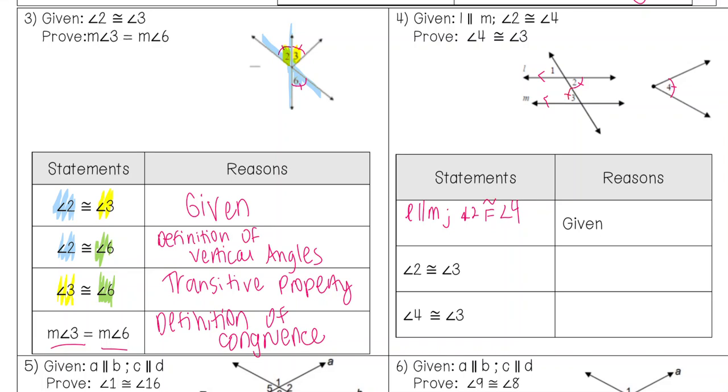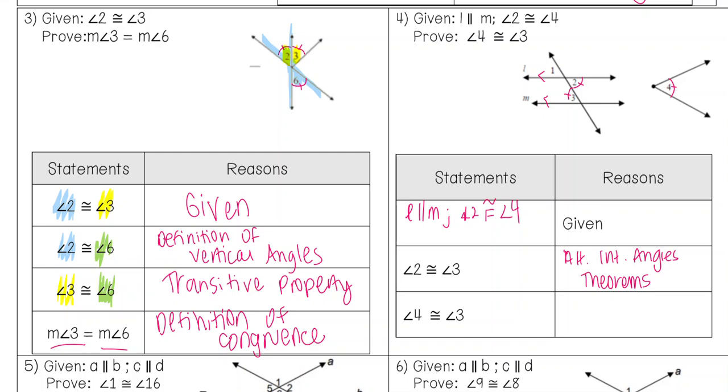In my diagram, I know that these lines are parallel, therefore 2 and 3 must be congruent based on the alternate interior angles theorem. Remember, we learned that when two lines are parallel, any alternate interior angles must be congruent.